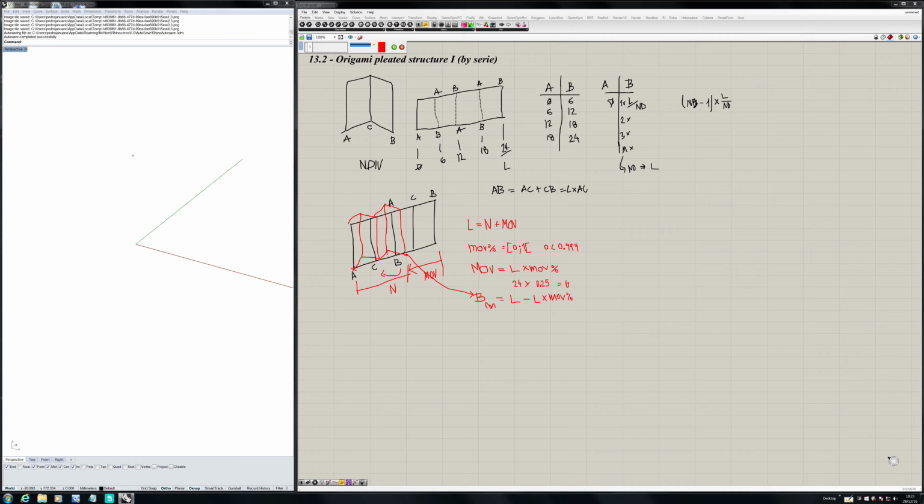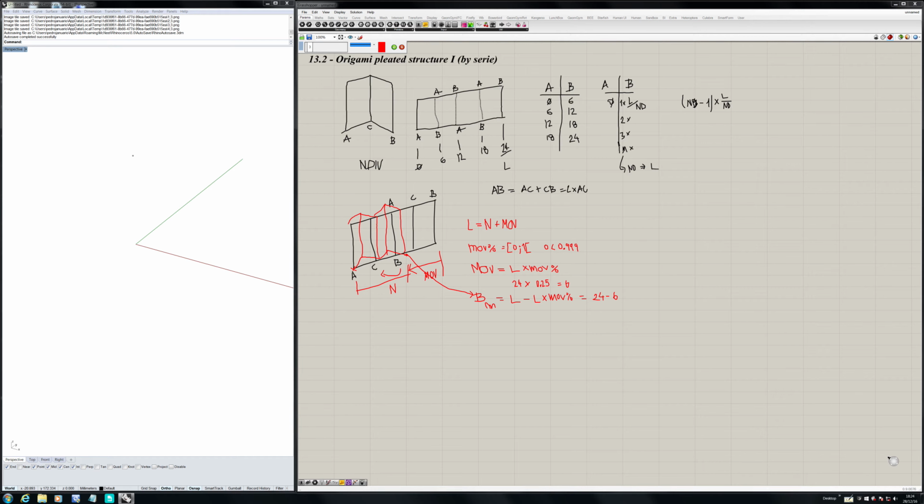That in this case is going to be 24 minus 6, okay? Now this is the movement.